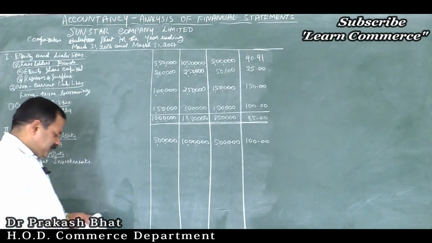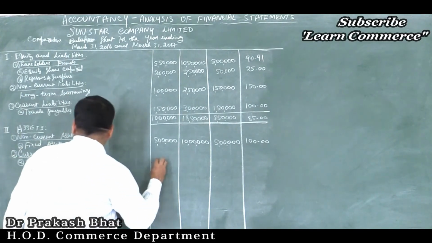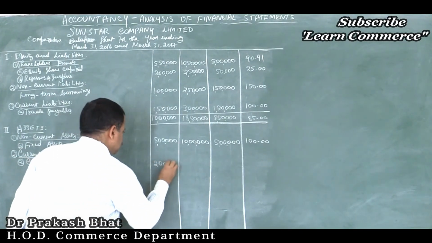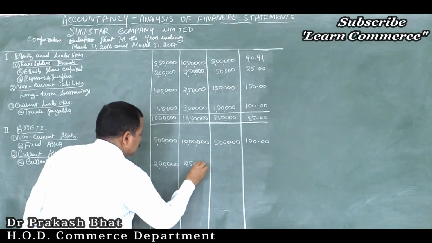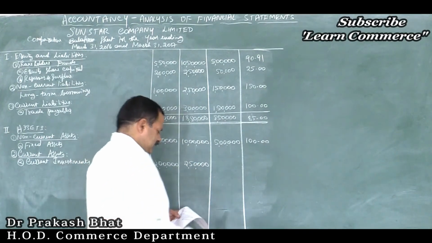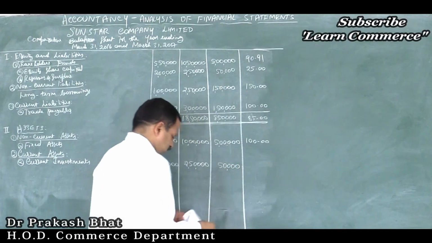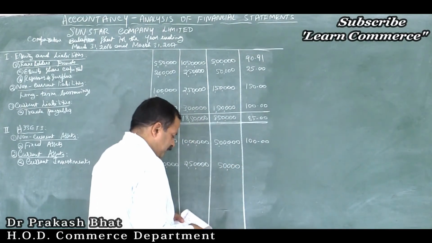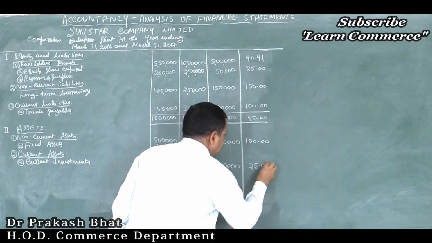How much is it? 2 lakh and 2,50,000. 50,000 is the increase. So there is an increase of 25%, right? Yes, it is 25%.